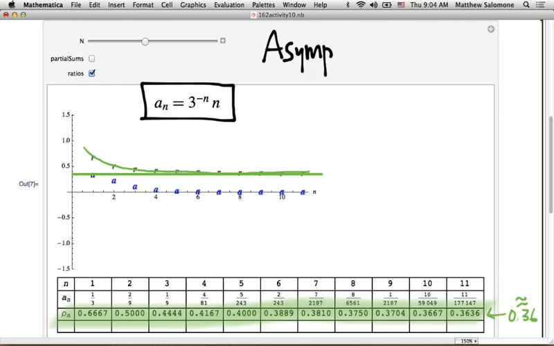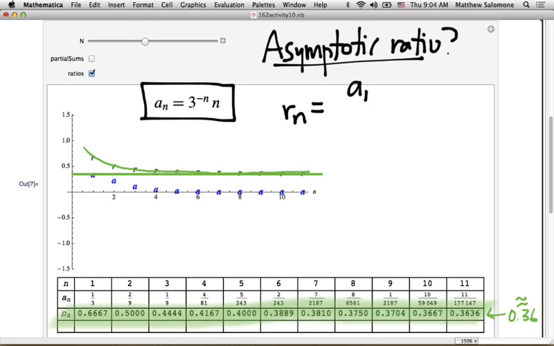The first job is that we need to divide, again, the n plus first term in our series by the nth term. And really, we would need some absolute values here as well, except that we already have a positive series, so it doesn't matter whether we have them there or not. We're going to get the same answer.